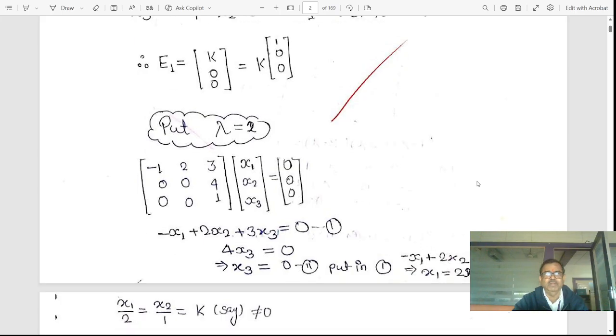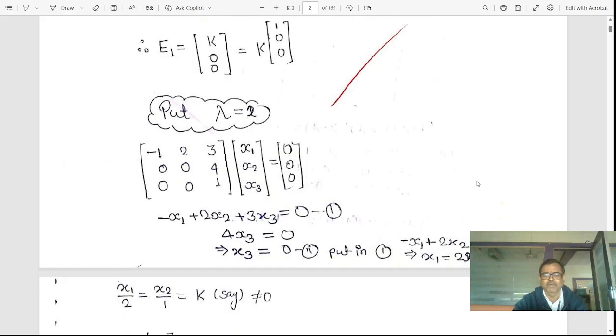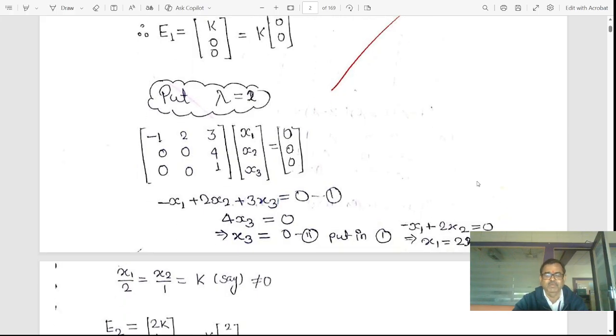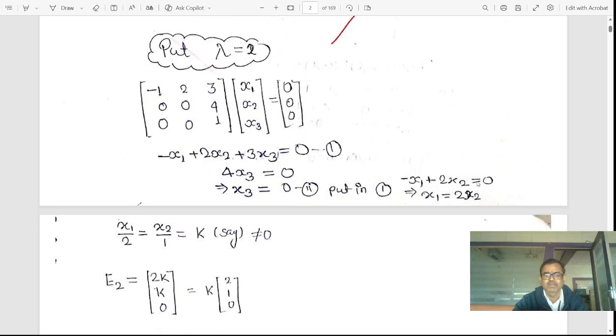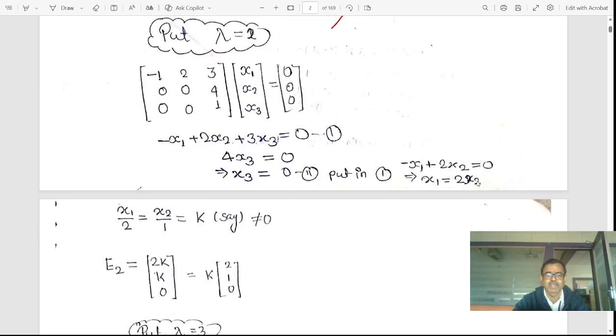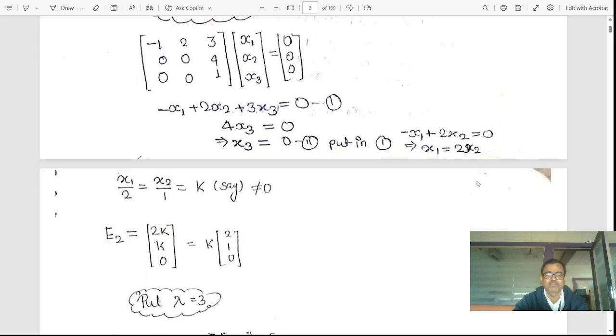After simplification, it becomes in ratio form: x1 upon 2 equal to x2 upon 1 equal to k, k not equal to 0. So we get x1 equal to 2k, x2 equal to k. So the second eigenvector is 2k, k, 0, that means k times 2, 1, 0.